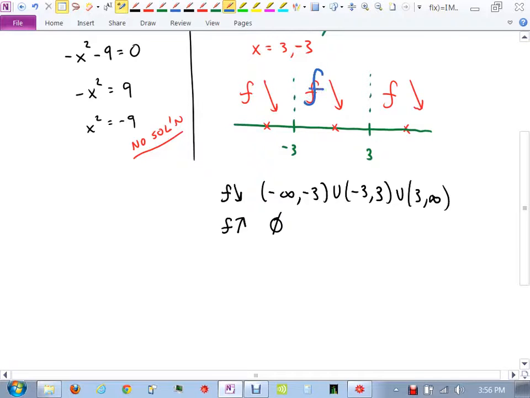Let's just say in blue here that this went up, for the sake of argument and just demonstration. Would we have a local minimum and a local maximum? No, we wouldn't. Exactly. Why not? That's right.